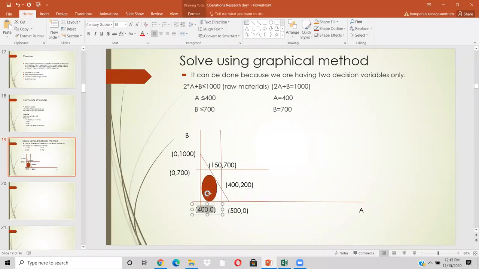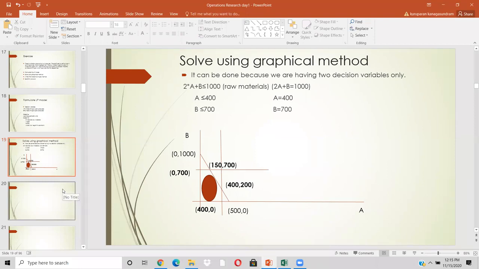This one, this one, this one, and this one. These will be the corner points. So we have drawn the graph and we have found the extreme points.